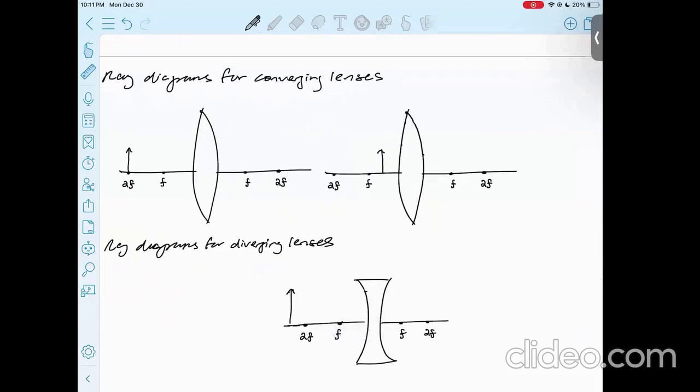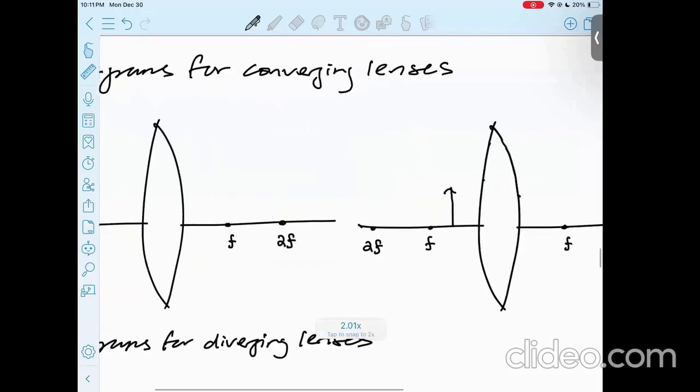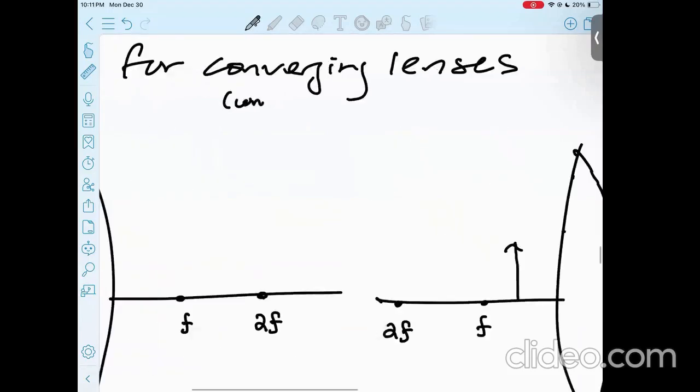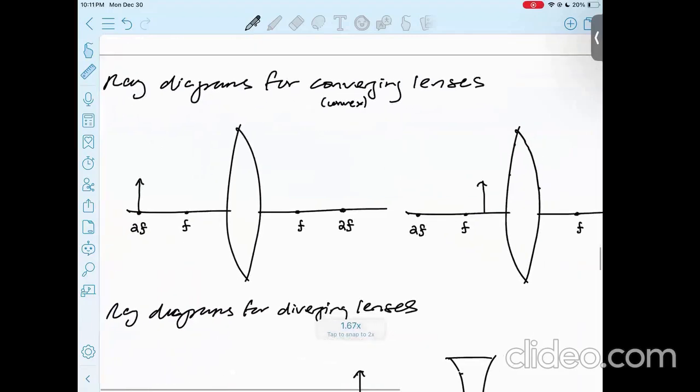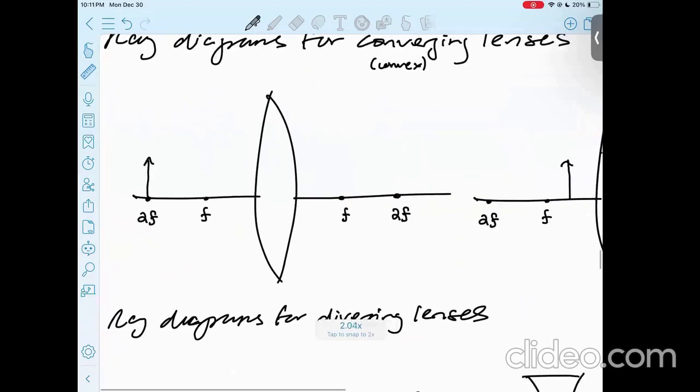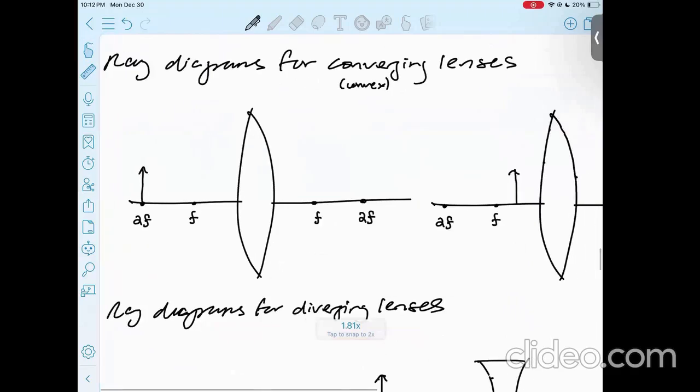what's going on here. So let's start with the converging lenses, which remember are convex. So what's happening here? Okay, so we put our object at a distance of 2f, and that's sort of arbitrary. Point is that it's sort of outside the focal length. And what's going to happen?